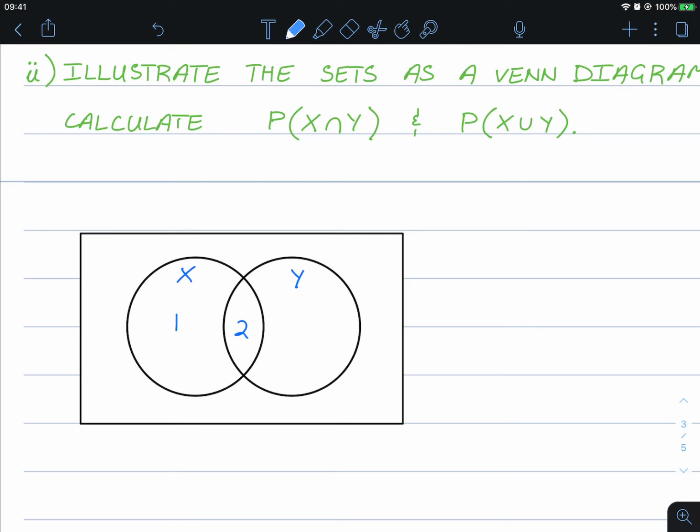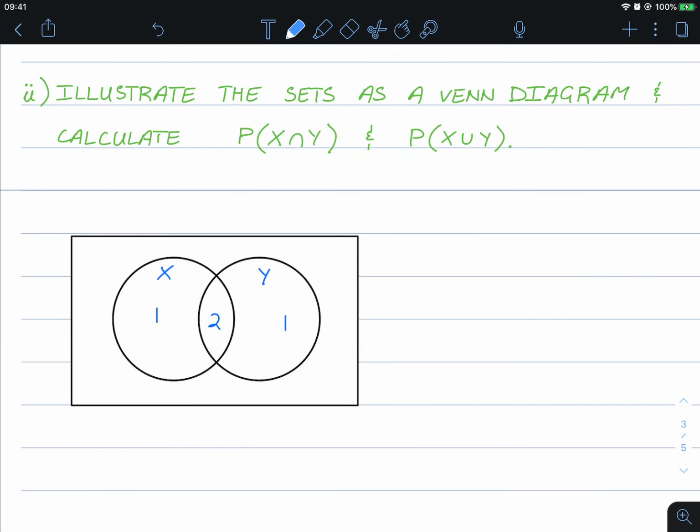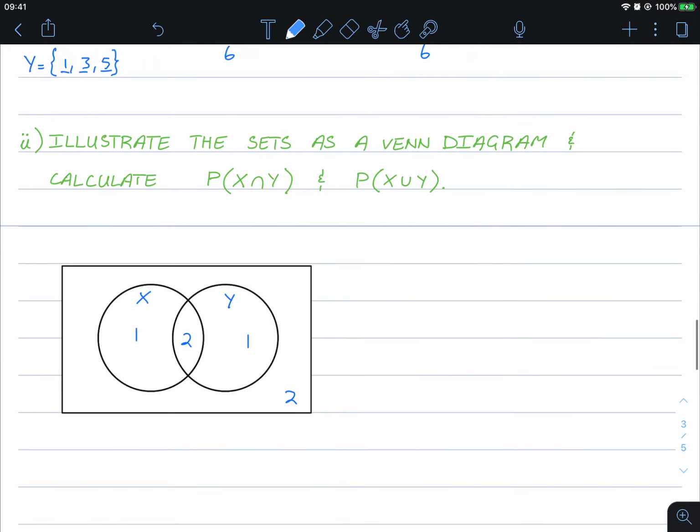So from X, there should only be 1 here and 1 here. So 1 plus 2 plus 1 gives us 4, which means 2 things are not listed, which go on the outside here.